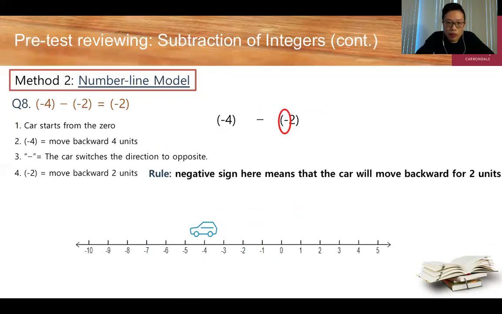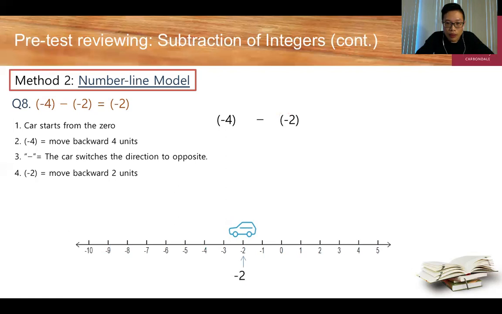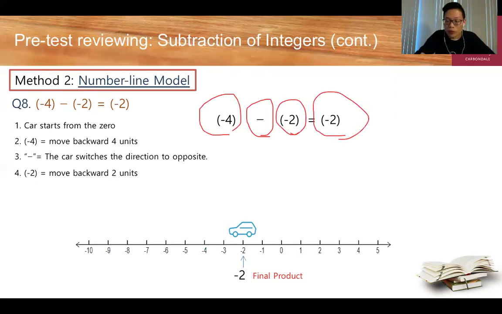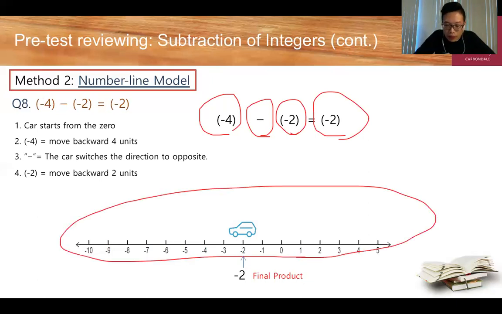And -2 means the car will move backward 2 units. So right now the car moved backward 2 units. And where the car stops is the final product. So the product is -2. Very clear. And you can see every single sign or number is represented by an action in the number line system here.